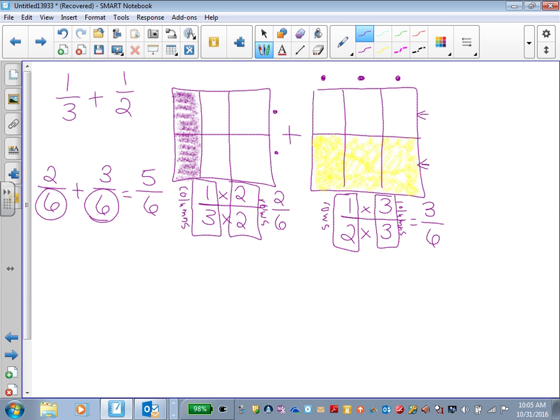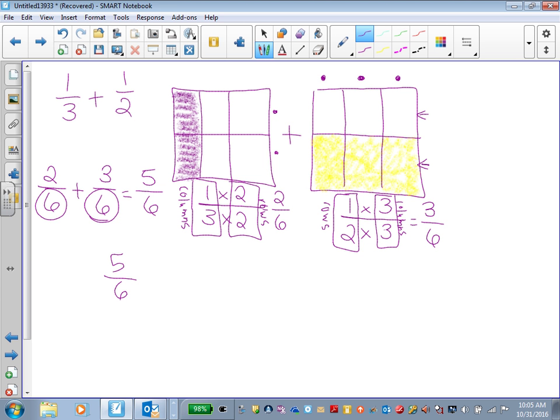Okay. Is there a number that I can divide both 5 and 6 by? It's the same number, and I get an even answer. Can I divide 5 and 6 by the same number and get an even answer? No, you can't do it because the top isn't even.